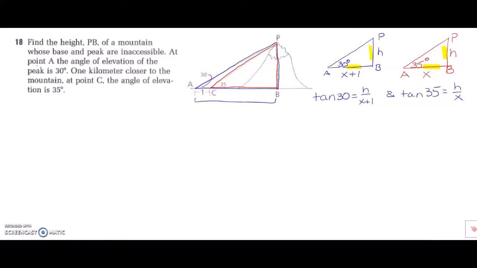Now, I notice that h is in both of the equations. So what I think I want to do is solve for h. So I have x plus 1, because that'll be a number, times the tangent of 30. And if I solve them both for h, I can set them equal to each other.